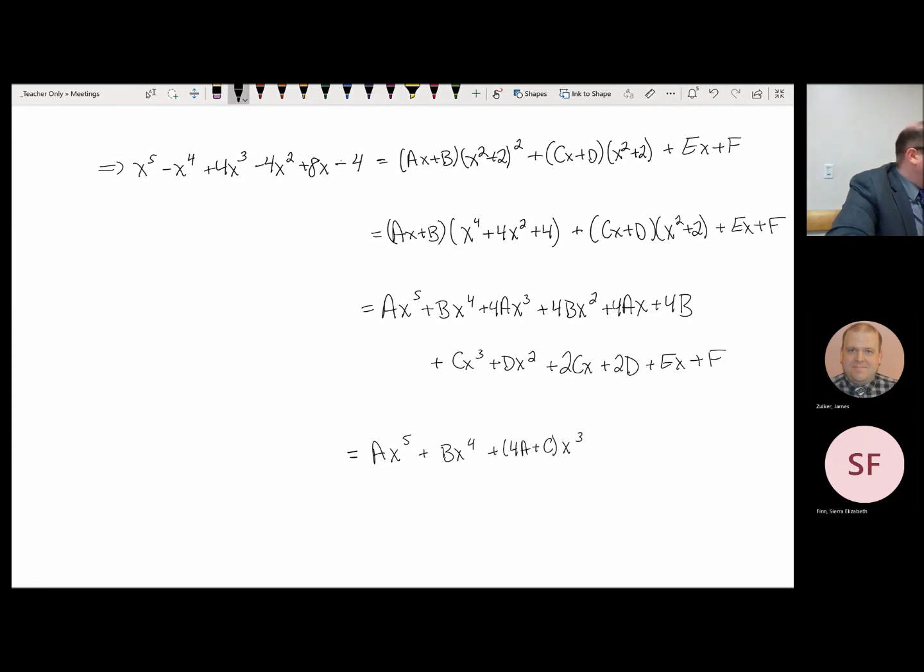For x cubed, we have 4a plus c. x squared is 4b plus d. X is for a plus 2c plus e. And then the constant is 2b plus 2d plus f.